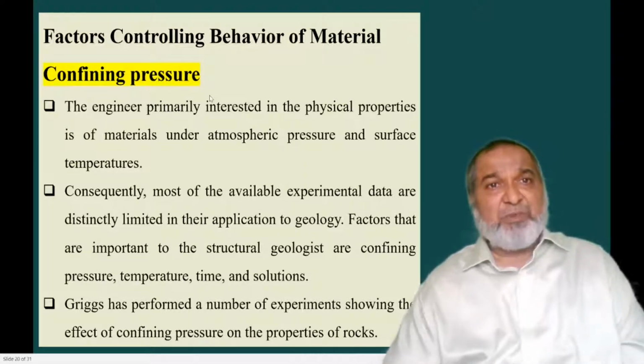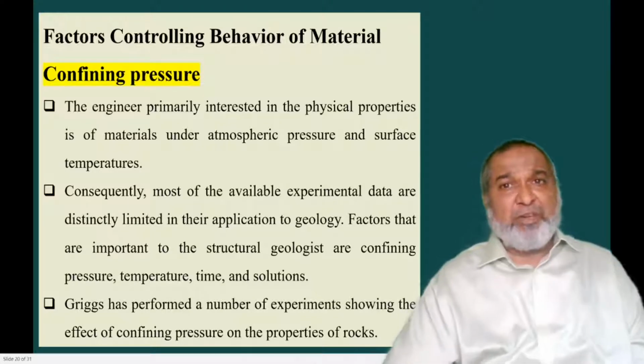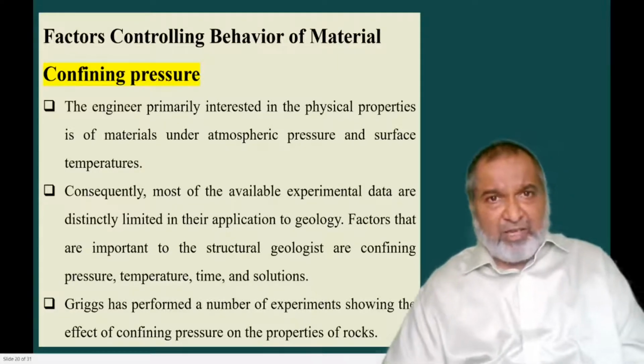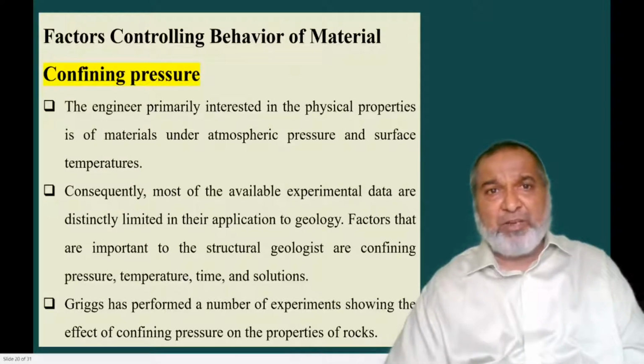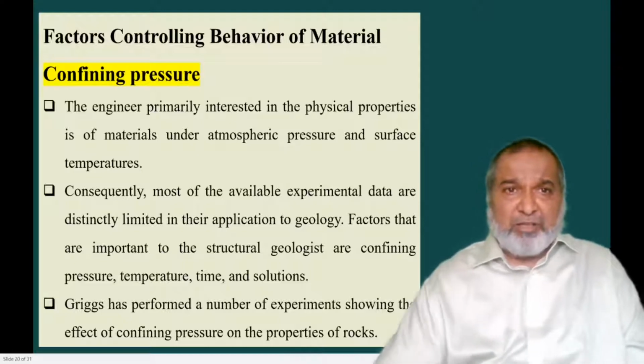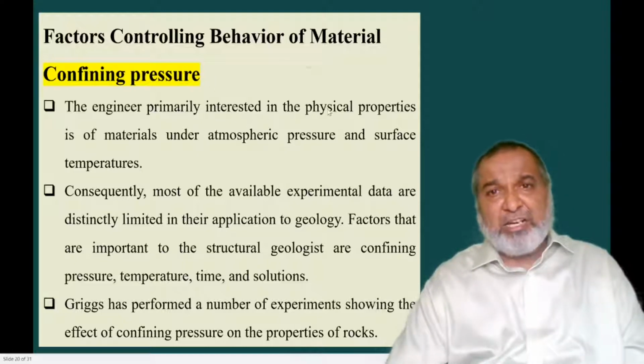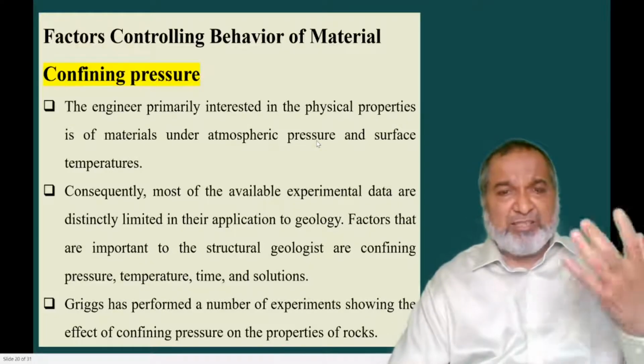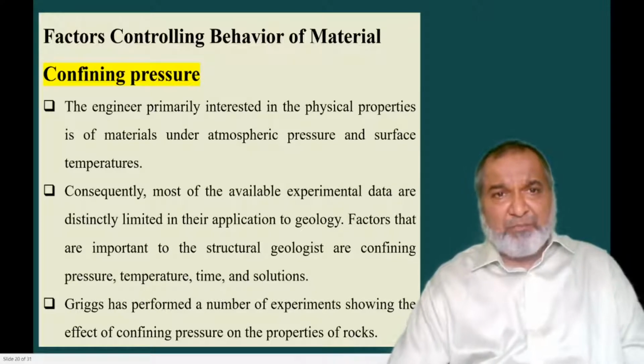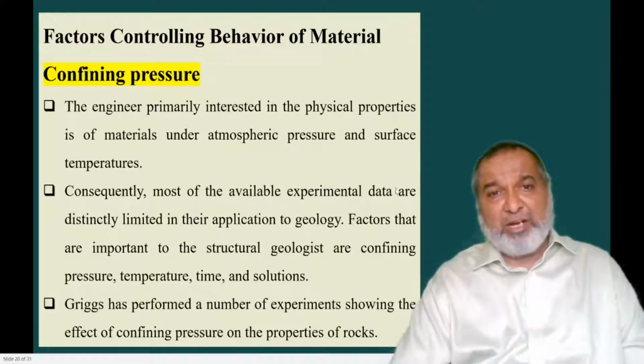Now the first factor controlling the behavior of material is the confining pressure. That is the first and a very important one. The engineer is primarily interested in the physical properties of the material under atmospheric pressure and surface temperature, and consequently most available experimental data are distinctly limited in their application to geology.